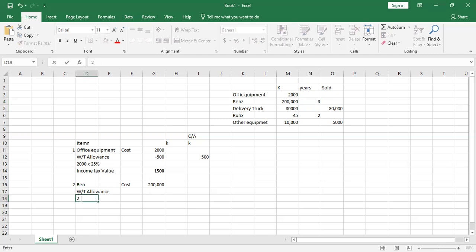You said 200,000. You multiply this by what's the rate for a non-commercial vehicle? And commercial vehicle.